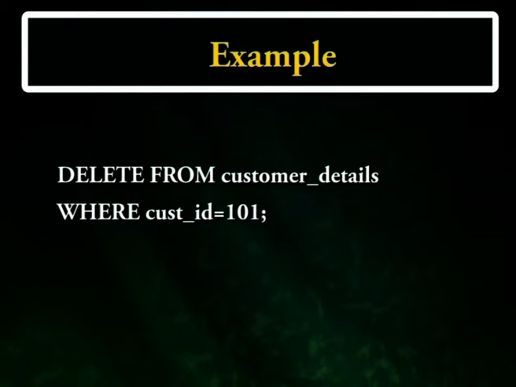This statement may lead to deletion of either one row or more than one row, depending upon how many rows in the table satisfy the condition of cust_id equal to 101.